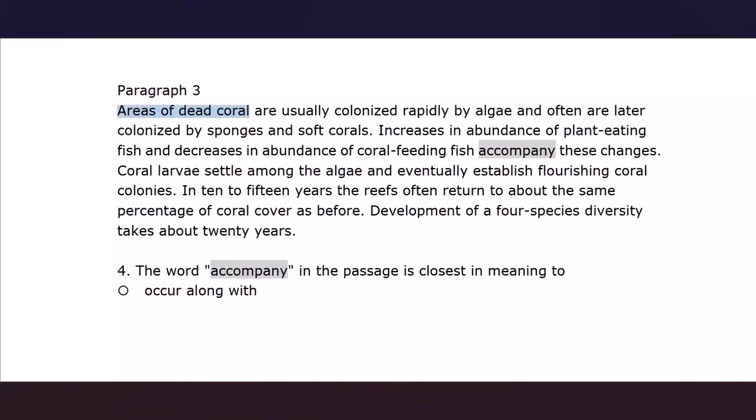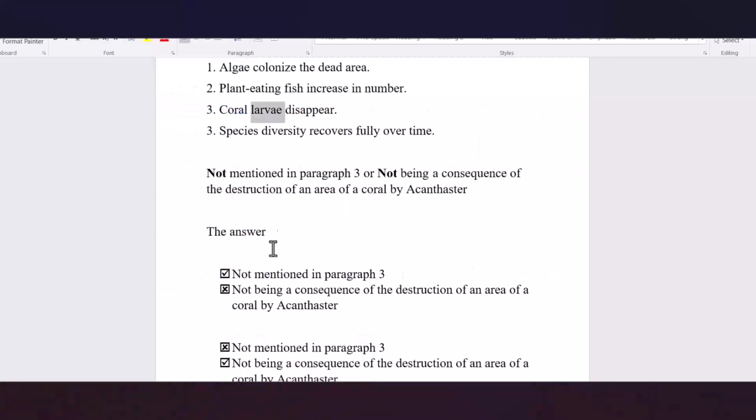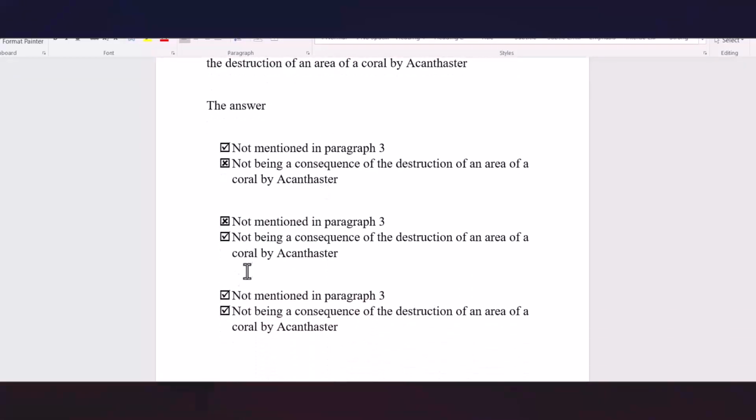Okay, it means that the third option that talks about the disappearance of coral larvae can be our answer, because this sentence, coral larvae disappear, lives up to these two conditions and ticks them. Coral larvae disappearance has not been mentioned in paragraph 3, and the disappearance of coral larvae is not a consequence of the destruction of an area of coral by acanthaster.